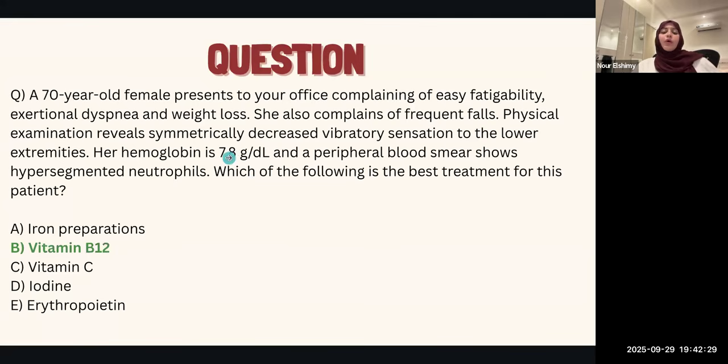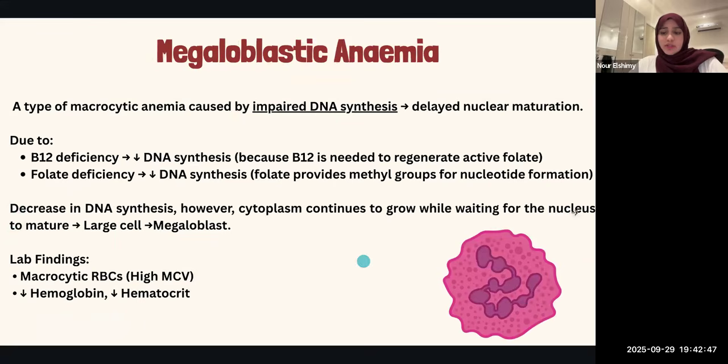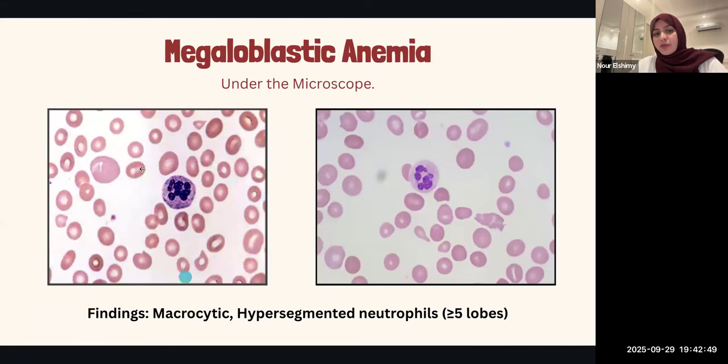Why did we say that? When they said that hemoglobin is low, this is not quite enough, right? Yes, they told us her hemoglobin is low, and that indicates anemia, but we don't know which type of anemia until they said that she has hypersegmented neutrophils. As I showed you guys, this is how megaloblastic anemia looks under the microscope.